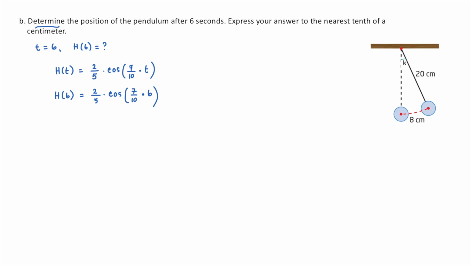And now you're going to get your calculator and input all of these values. Just make sure that your calculator is in radian mode. And when you do that, you're going to find that h of 6 is approximately equal to minus 0.196.